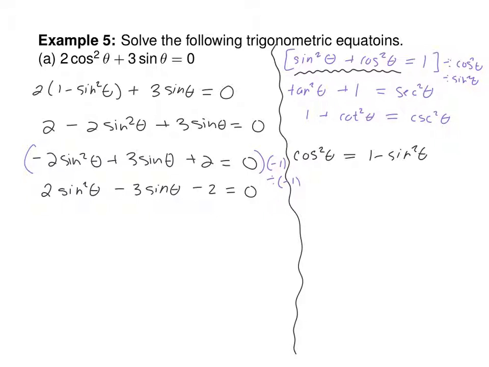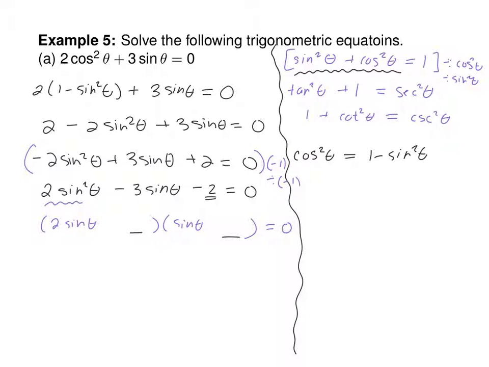Now since you have 2 sine squared theta, this had to come from a 2 sine of theta and a single sine of theta, right? What numbers had to be back here? They have to multiply to make 2. Plus 1, minus 2.